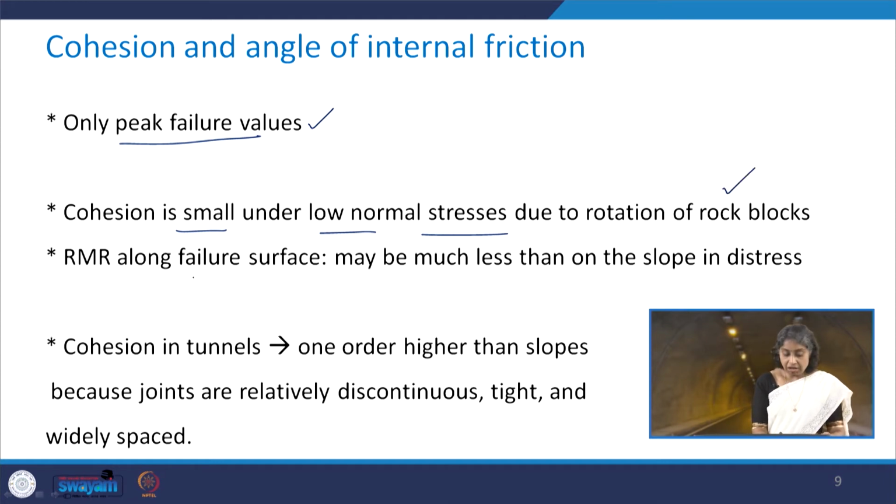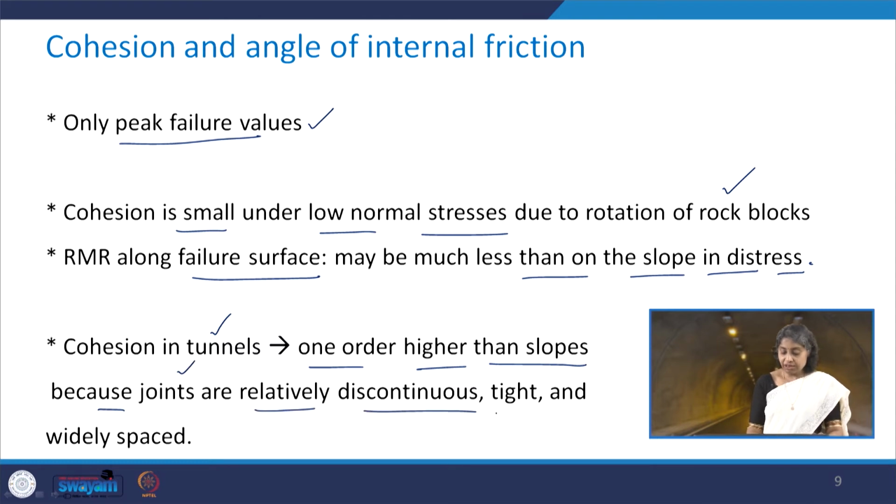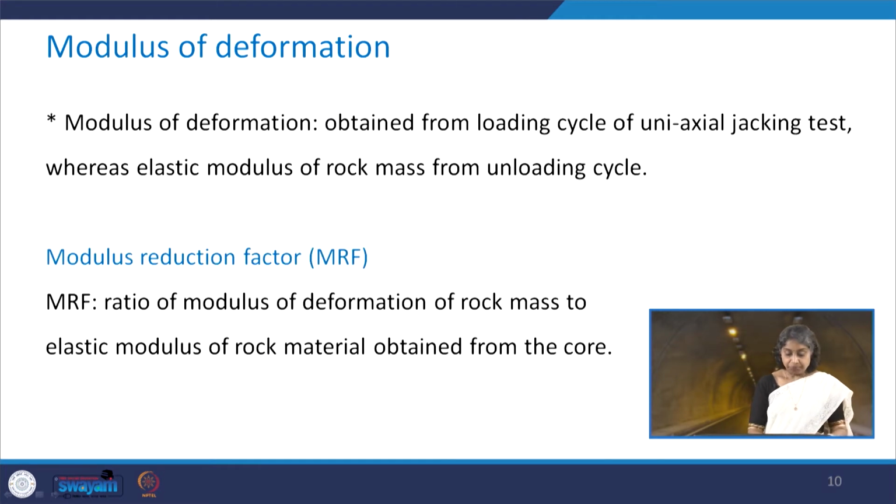Now RMR along the failure surface may be much less than on the slopes in distress. As far as cohesion in tunnels is concerned, it can be one order higher than slopes because joints are relatively discontinuous, tight and widely spaced in case of tunnels.